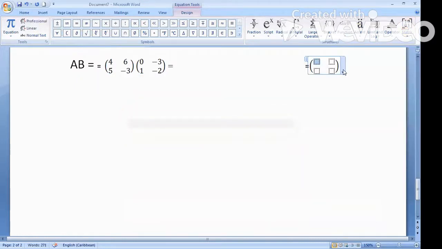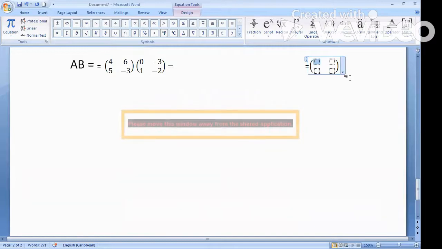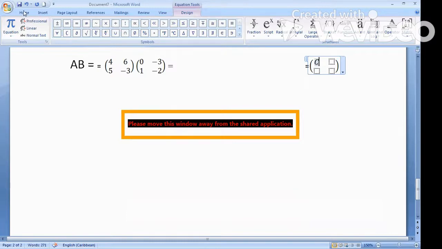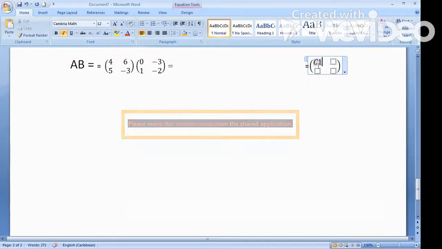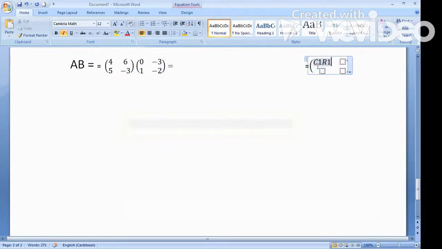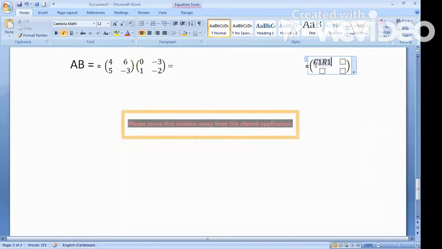When you multiply a matrix, you need to remember something. Would you agree with me that this element here is column 1, row 1, not true?